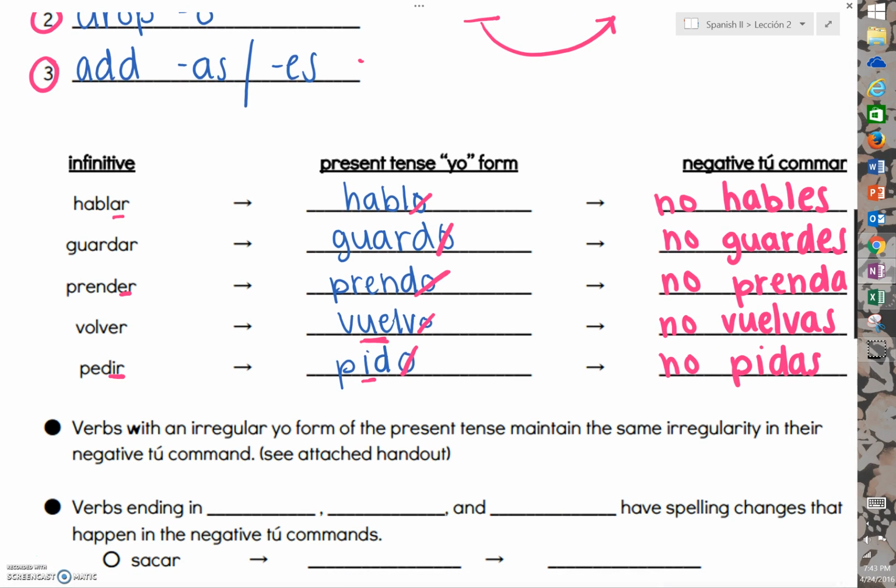Now, way before we even started talking about commands, you guys started to learn irregular present tense verbs. And I'm sure now you can see why we were learning irregular present tense verbs. Because when we are dealing with negative tú commands, if there's a verb that has an irregular yo form in the present tense, we are going to maintain that same irregularity to form their negative command.